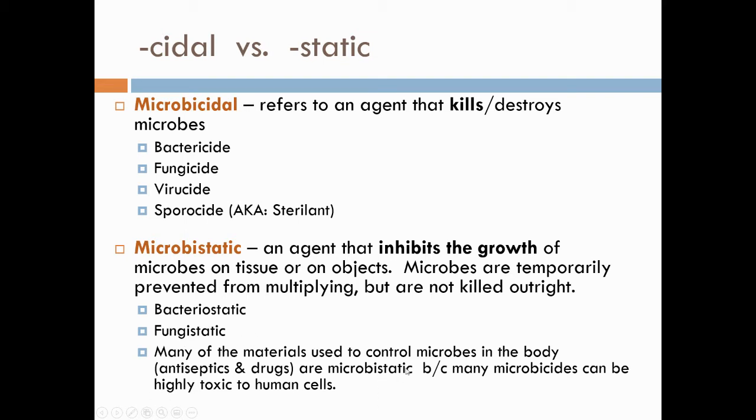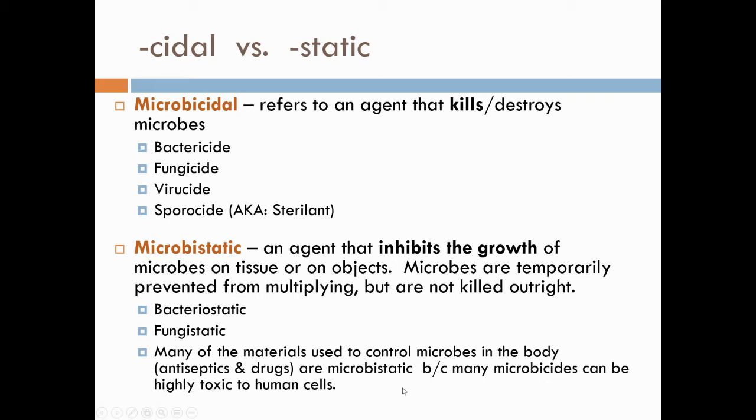A lot of the materials that are used to control microbes, either antiseptics on the body or in the body, and antibiotic drugs or chemotherapeutic agents, are microbistatic. And the reason for this is that microbicides, a lot of the chemical compounds that can outright kill microbes, are highly toxic, not only to the microbes, but to us.